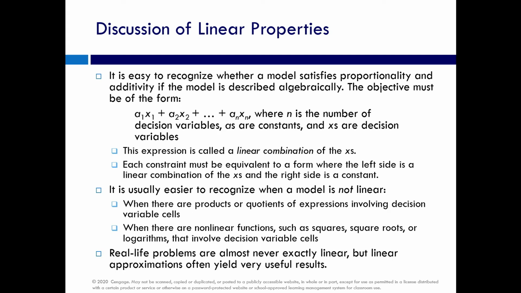It is usually easier to recognize when a model is not linear: when there are products or quotients of expressions involving decision variable cells, or when there are nonlinear functions such as squares, square roots, or logarithms that involve the decision variable cells. Real-life problems are almost never exactly linear, but linear approximations often yield very good results.